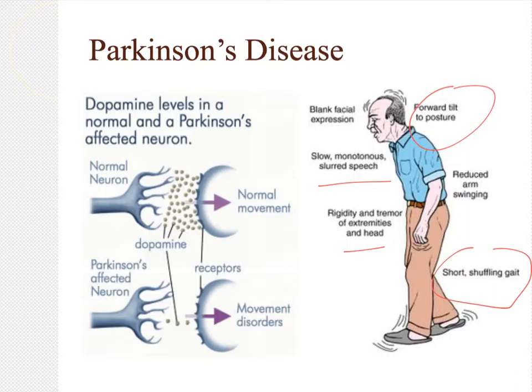There are multiple key features of Parkinson's disease. It's important to look in your book at the table that lists all the key features. Among the ones that I've already discussed, a patient develops emotional changes such as depression, irritability, fear, and insecurities. They have changes in their speech pattern.